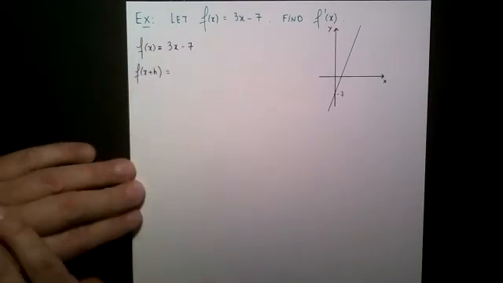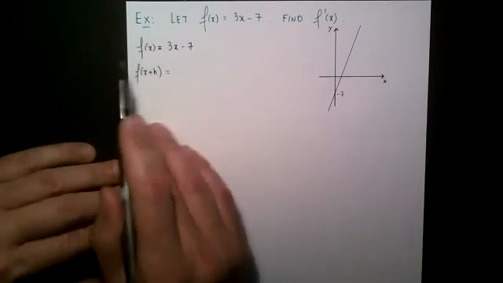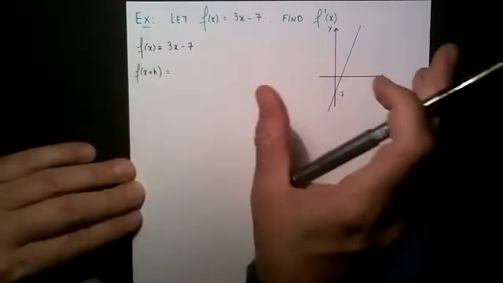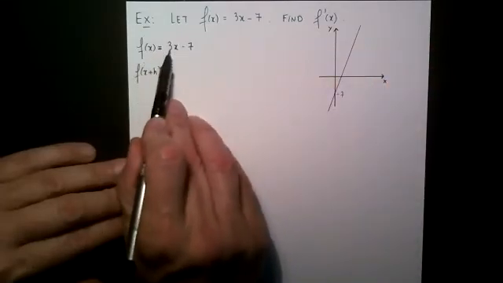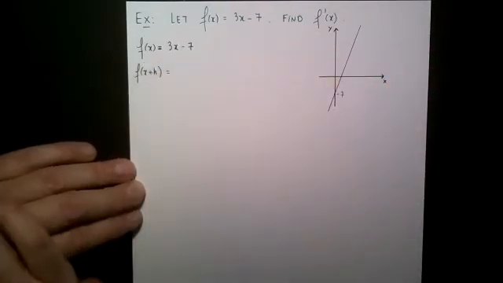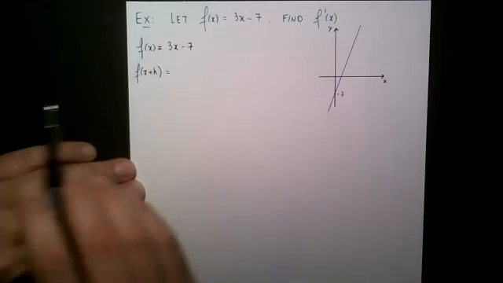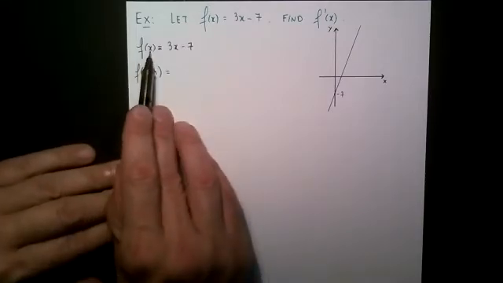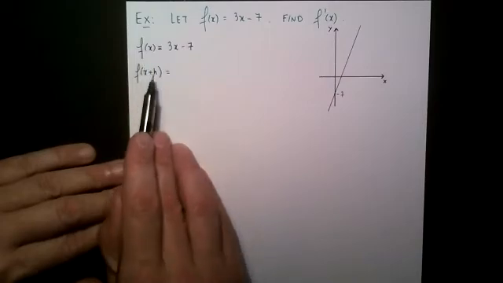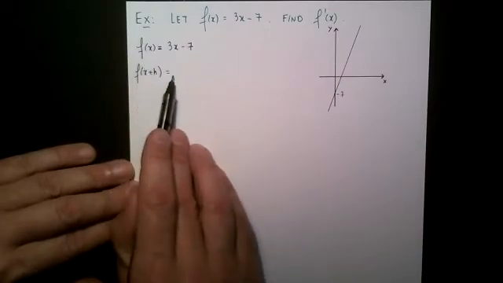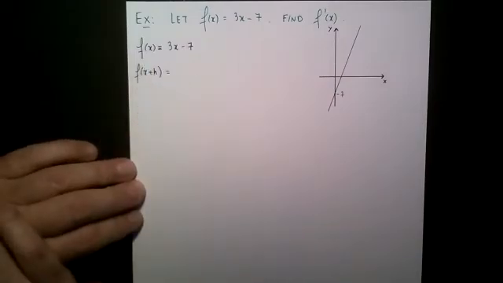It's like a packaging company. You feed it an x, it times it by 3, then minuses 7 from the answer. So if instead of feeding that machine an x, I feed it an x plus h, what is it going to spit out?